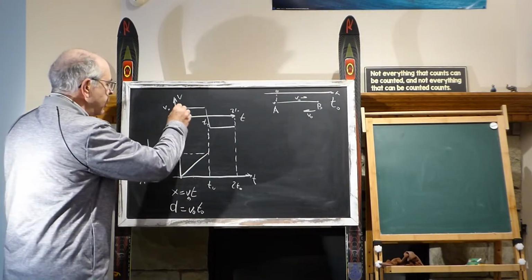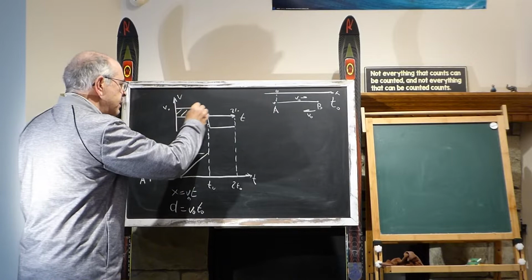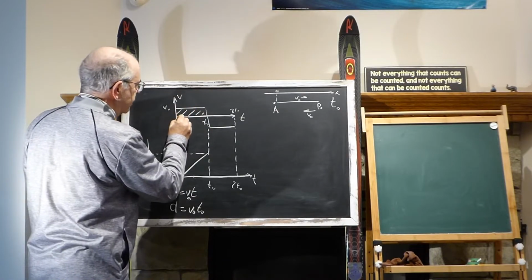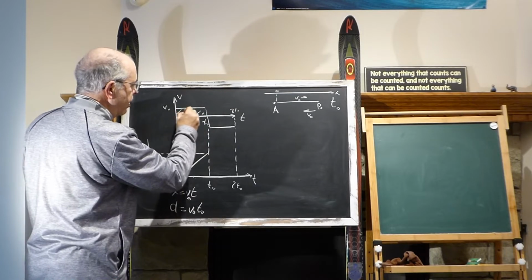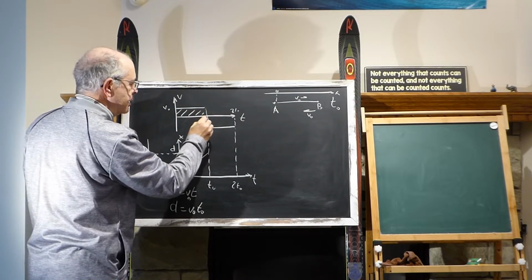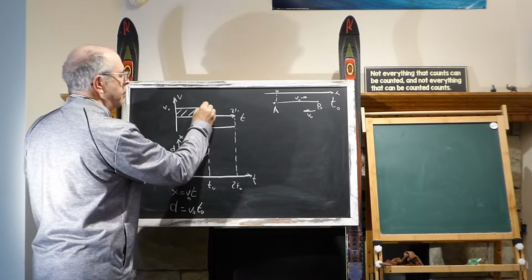And of course, I've told you many times, and it's a fact, that this is t0, this is v0, so the area of this rectangle is t0 multiplied by v0.